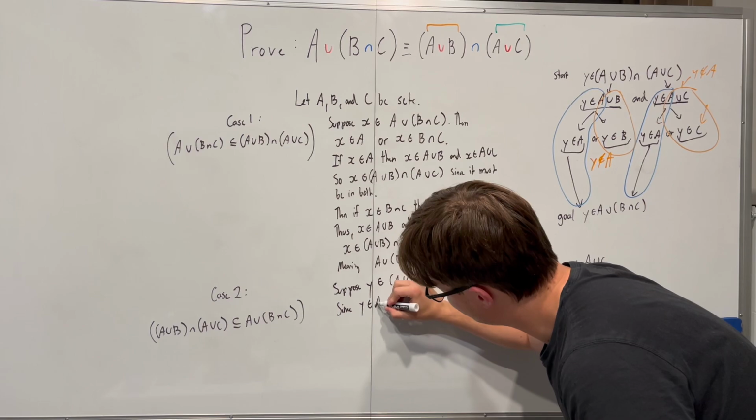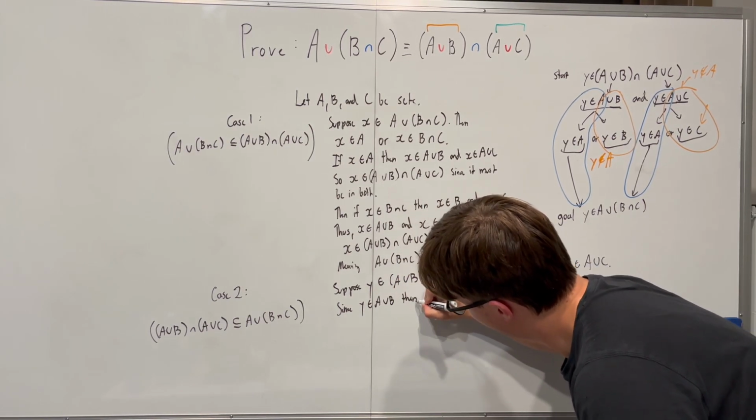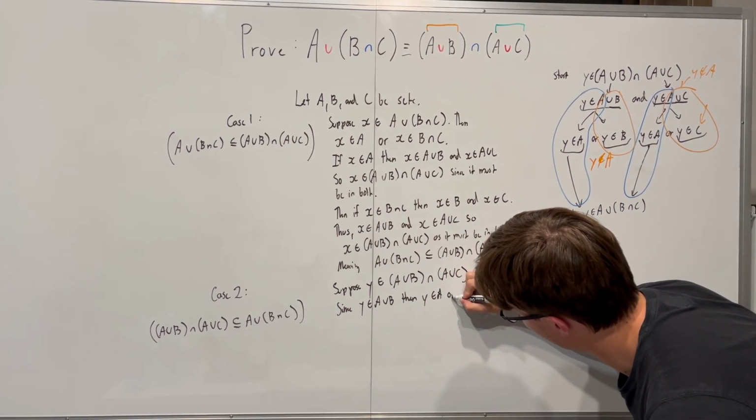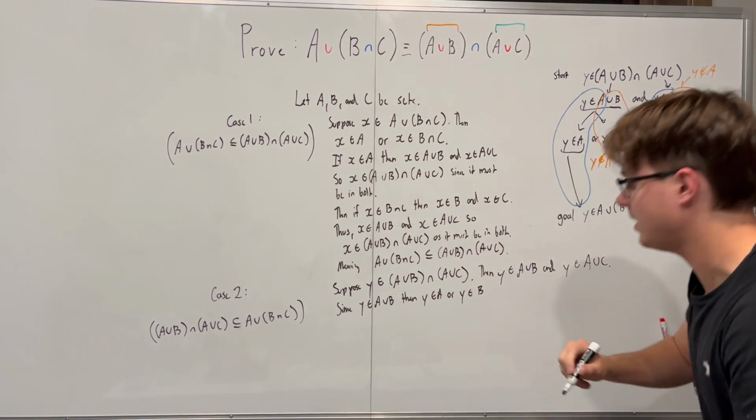Fantastic. Okay, so then we can say, since y is an element of A union B, then y is an element of A, or y is an element of B, right?